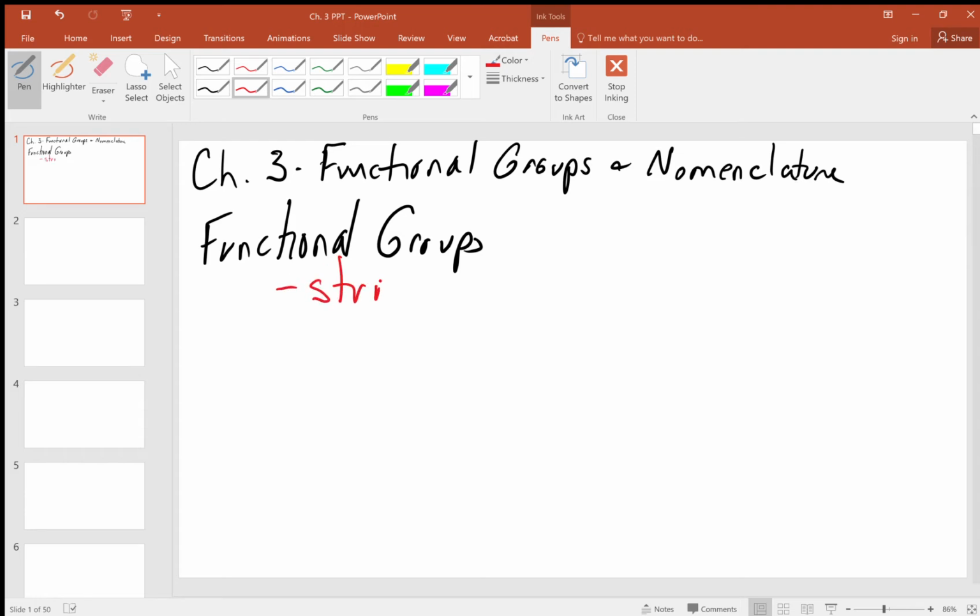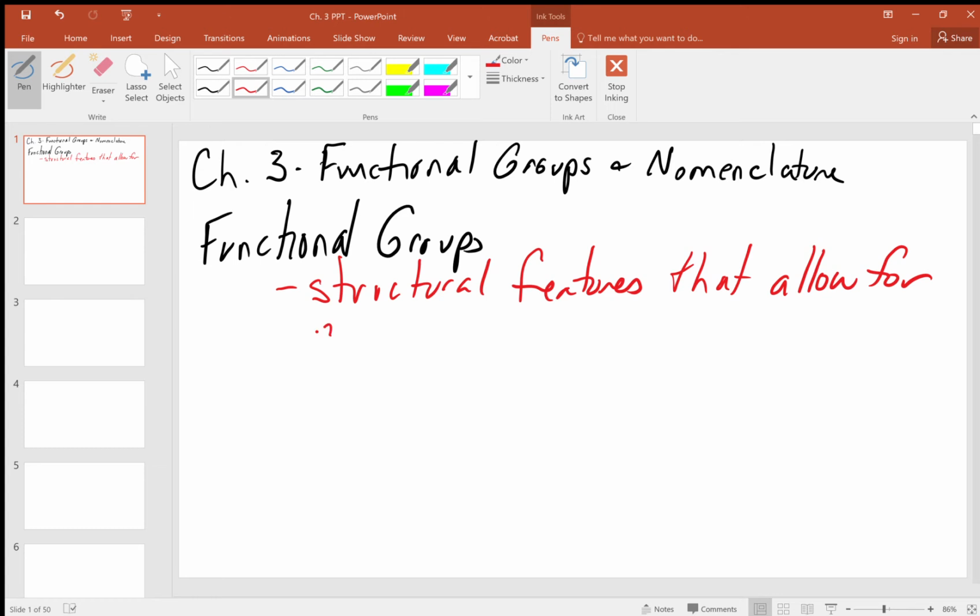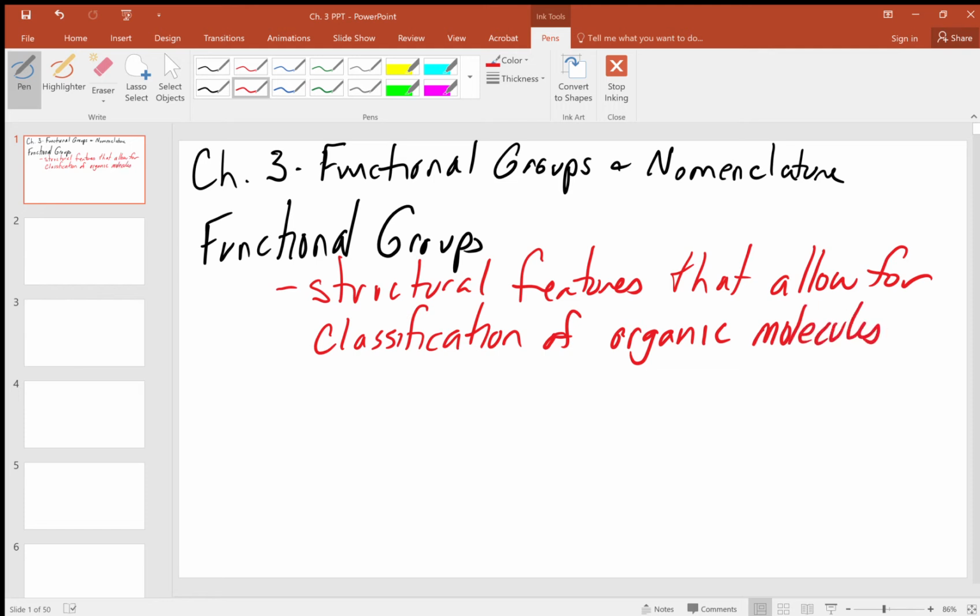So functional groups are structural features, or in other words, pieces of a molecule, that allow for classification of organic molecules. So basically, these are going to allow us to categorize or organize our molecules based on certain pieces that we find in the structure.